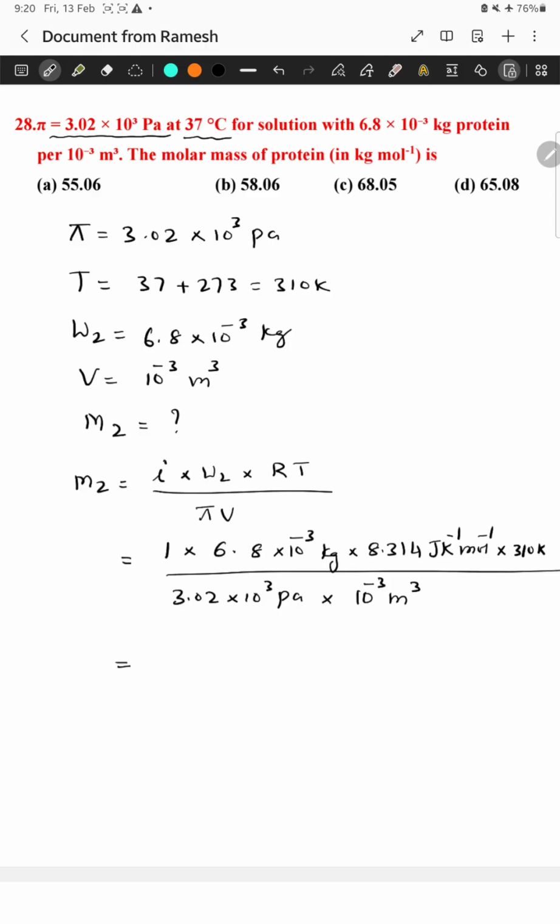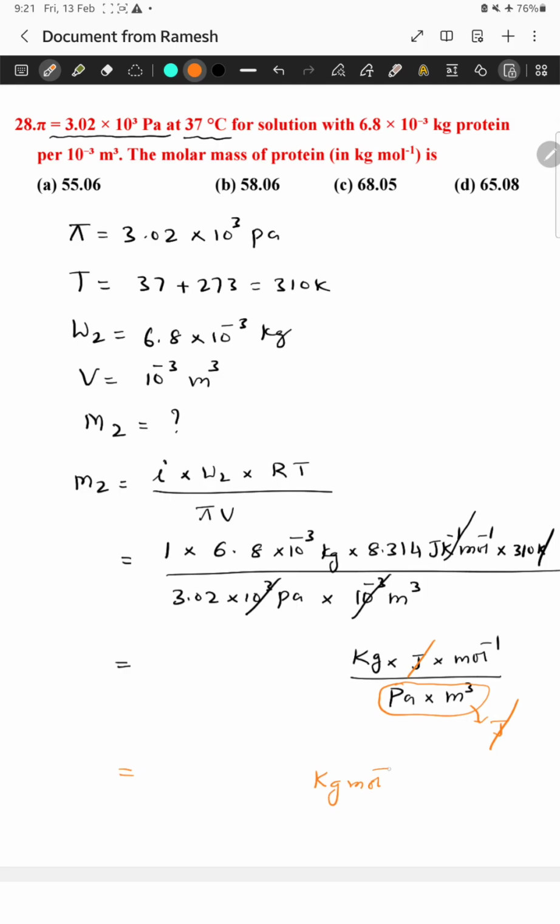Now you simplify it. 10 power minus 3 and plus 3 cancel out in the denominator. Then per Kelvin and Kelvin cancel out. In the numerator you are left with kg into joule per mole. In the denominator you are left with Pascal into meter cube. Remember, Pascal into meter cube is nothing but joule. So joule and joule cancel out, and the final unit will be kg per mole only.